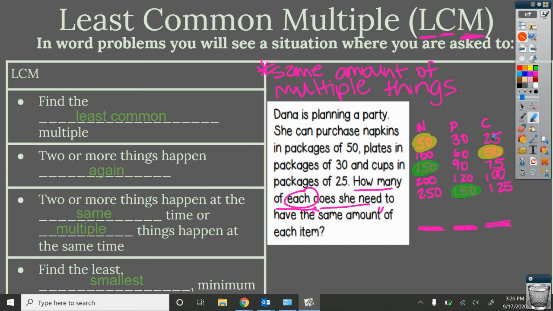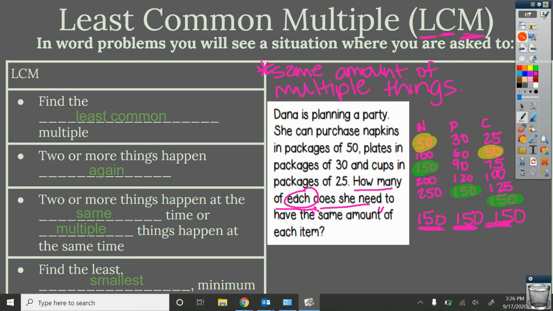But 25's next multiple is going to be 150. So 150 is going to be my LCM. I can get 150 napkins, 150 plates, and 150 cups.